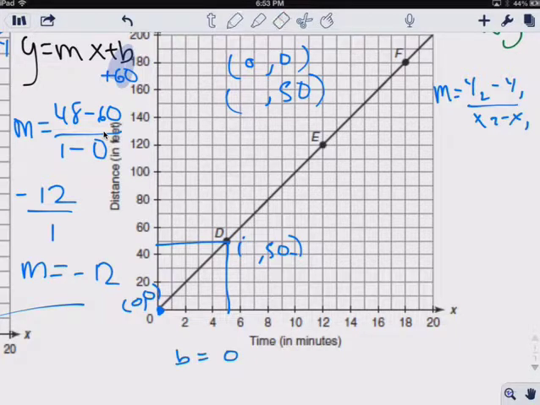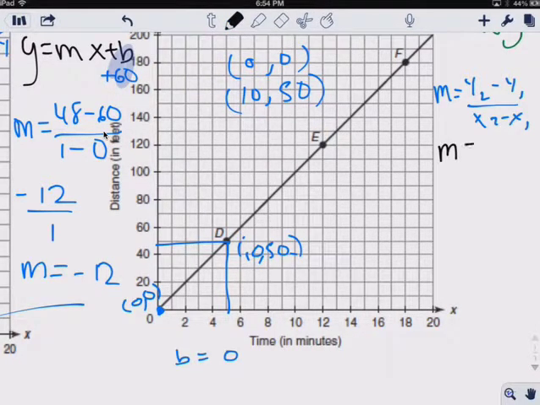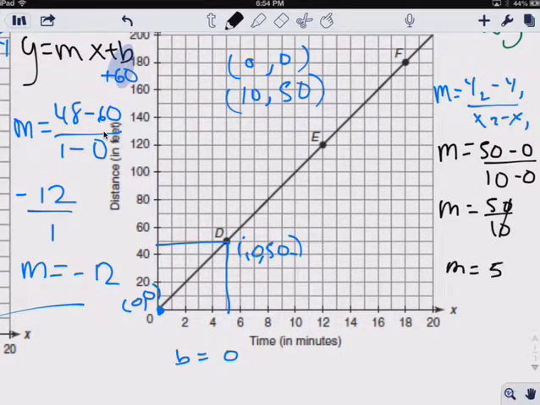It's counting by 10. Sorry, you guys. It's 10. So y2 minus y1 equals 50 minus 0 over x2, 10 minus 0. Slope is 50 over 10, which reduces to a positive 5.